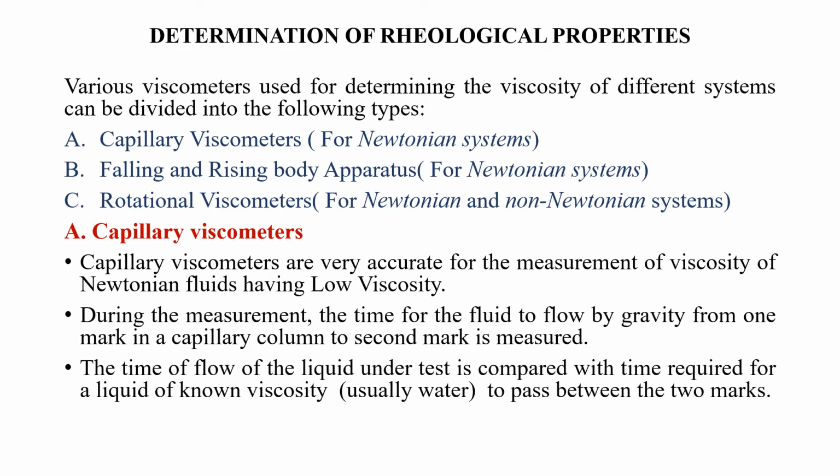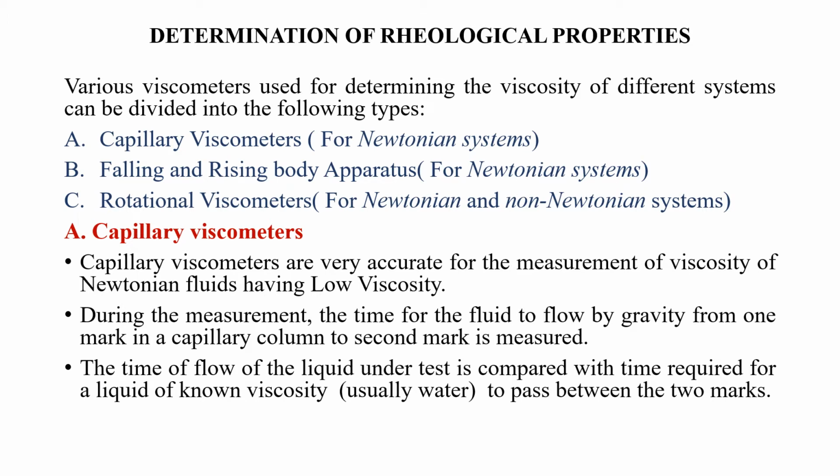I will be explaining with one example. For example, say you have taken a sample A and a sample B. Now, if sample A takes 1 minute to flow from one point to another point, and sample B takes 30 seconds to flow from one point to the other, which of these samples would you say has a greater viscosity?